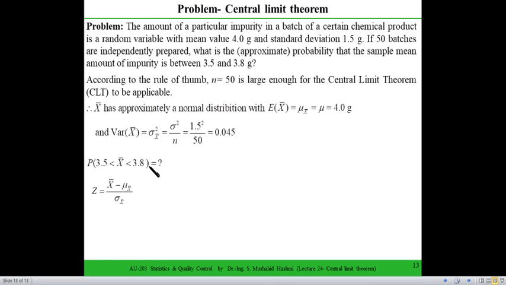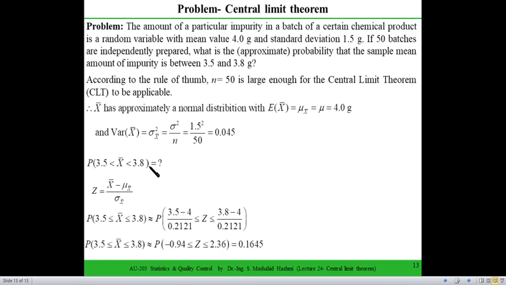I just calculate the z value, and from that z value, from the tables or from the graph, I can calculate the probability. I say approximate because I don't know whether it is justifiable to use the normal distribution, as we have no idea about the population distribution for that particular impurity or parameter of interest.